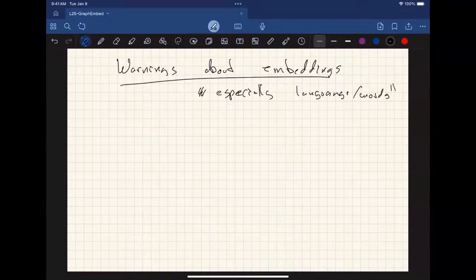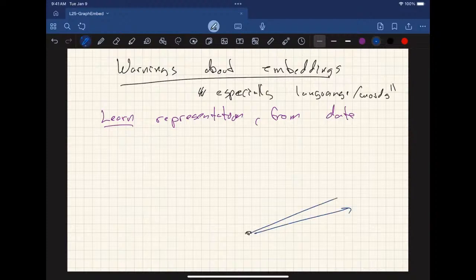Okay, so let's go back to the word embeddings, and this kind of works with any sort of embedding, but the point is that we learn a representation from data.